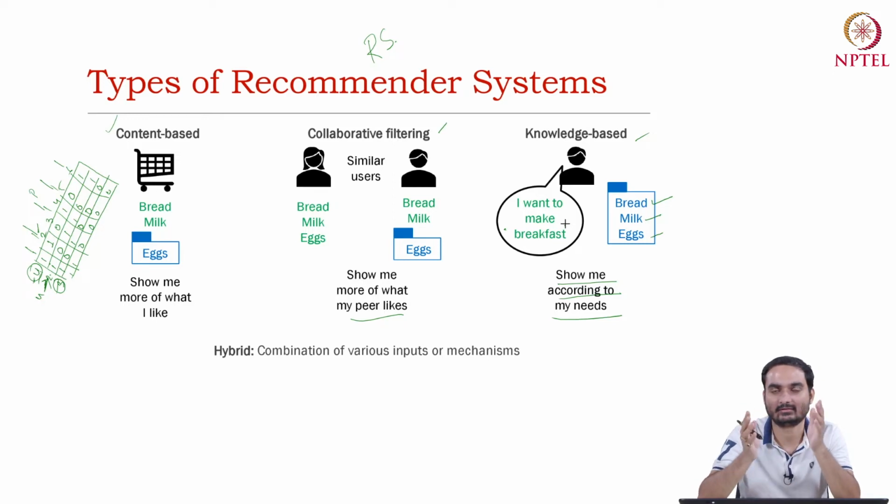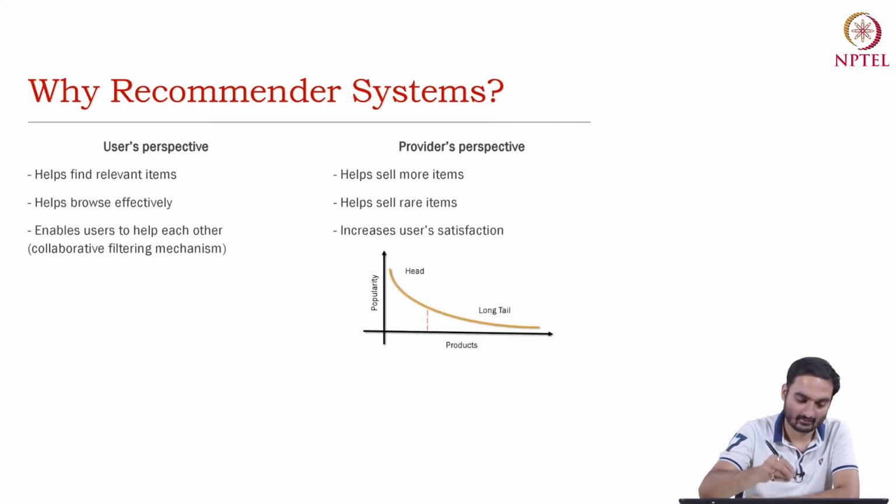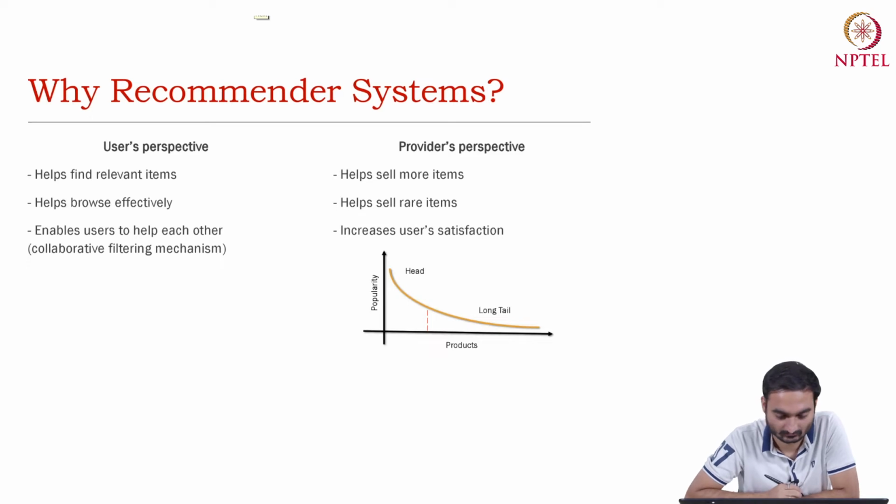Therefore, there should be a knowledge graph or knowledge base based on which I should be recommended. All right. So, why recommender systems?